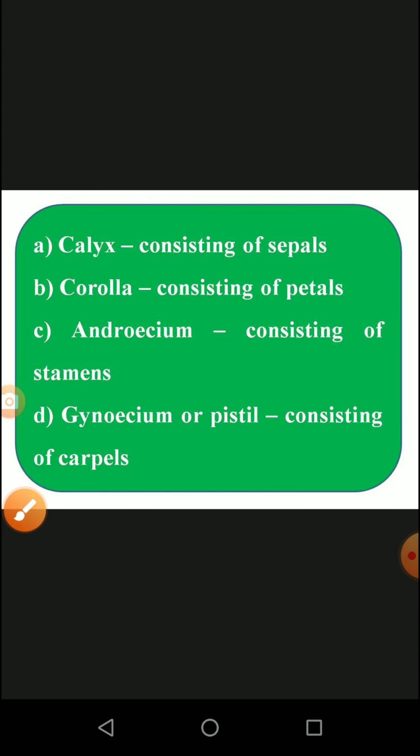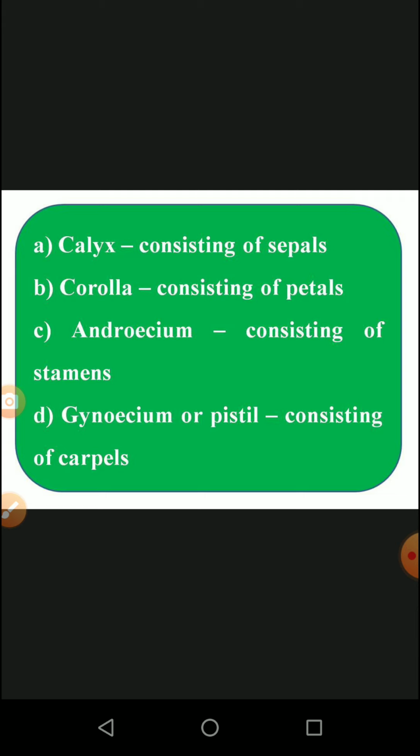The calyx consists of sepals, and the corolla consists of petals. Androecium consists of stamens, which produce the male gamete, and gynoecium or pistil consists of carpels.